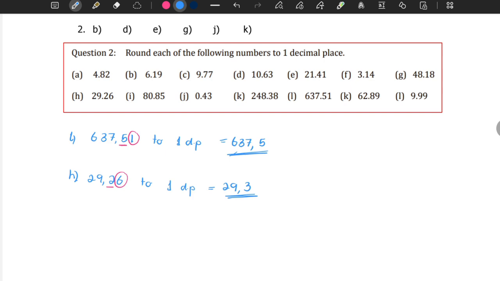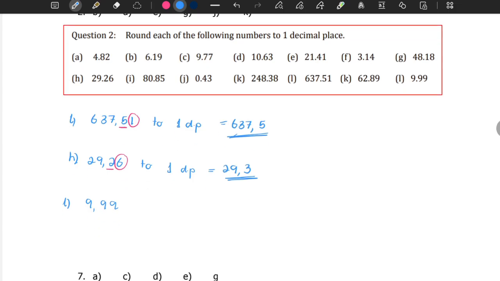And let me try L as well, because I think that's a unique example. 9.99, and we've been asked to 1 decimal place. The first decimal place is 9, the number to the right, that's 9, so we round up since it's greater than 5, so it becomes 9 plus 1, that's going to be 10, again carries on plus 1, so that's going to be 10.0.